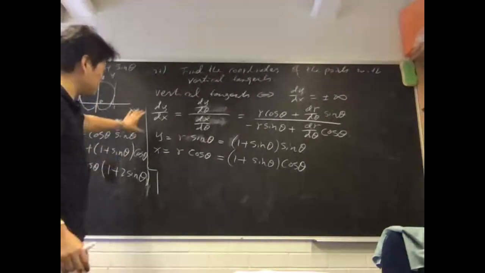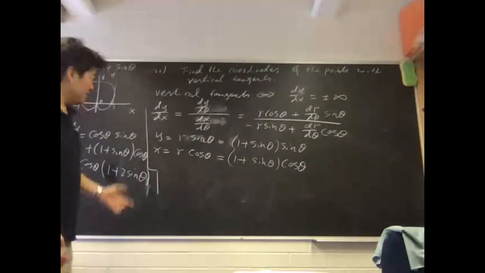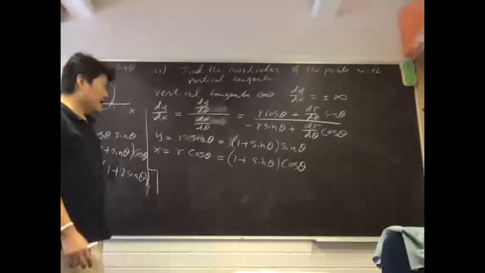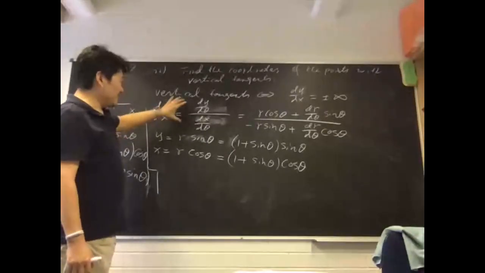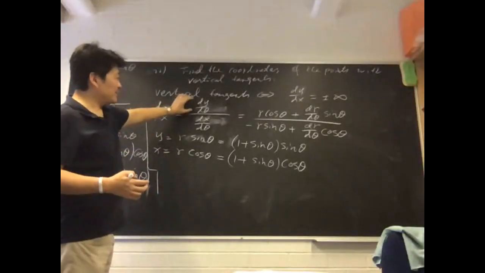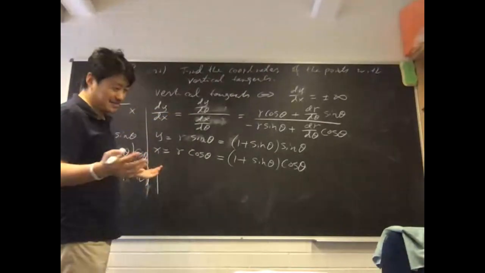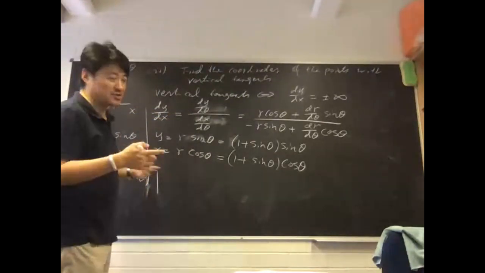That's why we want to compute this dy/dx, because the xy plane is where the picture is. Well, one way to compute that is to look at dy/d theta divided by dx/d theta. That's basically how the chain rule works.